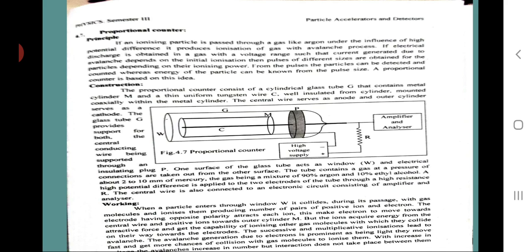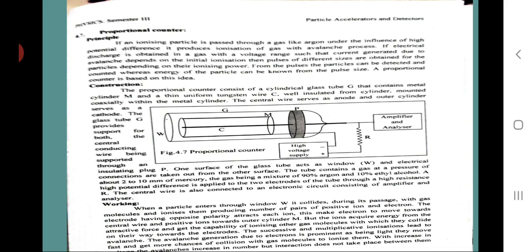A high potential difference is applied to the two electrodes of the tube through a high resistance R. The central wire is also connected to an electric circuit consisting of an amplifier and analyzer. When a particle enters through window W, it collides during its passage with gas molecules and ionizes them, producing a number of pairs of positive ions and electrons.